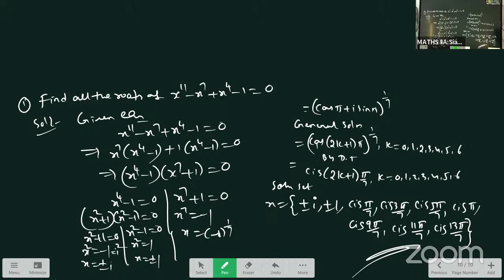So for any kind of higher degree equation, this is the way to find the solution set. For practice, I'm giving some questions of a similar kind here. You can practice them. x to the power 9 minus x to the power 5 plus x to the power 4 minus 1 equals 0.